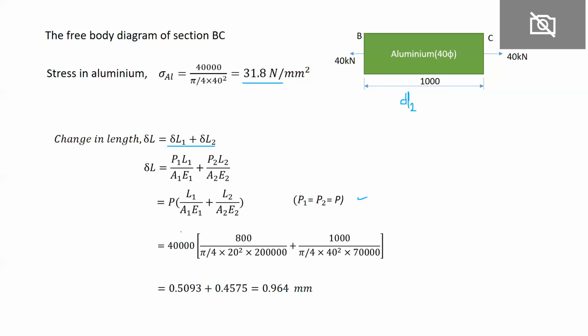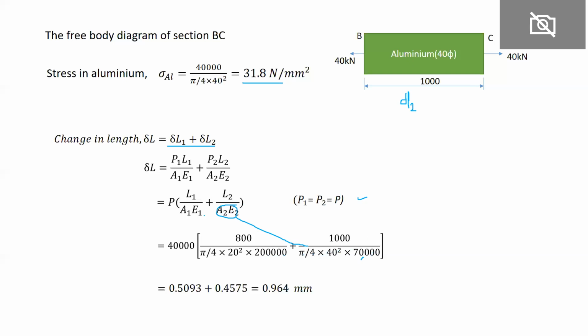So load P 40,000, L1 800 mm, L2 1000 mm, and area pi by 4 into d square, diameter is 20 mm square, and into Young's modulus, that is 200 into 10 raised to 3, so it is written 2 lakhs. And similarly for A2 into E2, A2 is pi by 4 into d square, d is equal to 40 mm, and into 70 into 10 raised to 3, so that is 70,000 Newton per mm square.